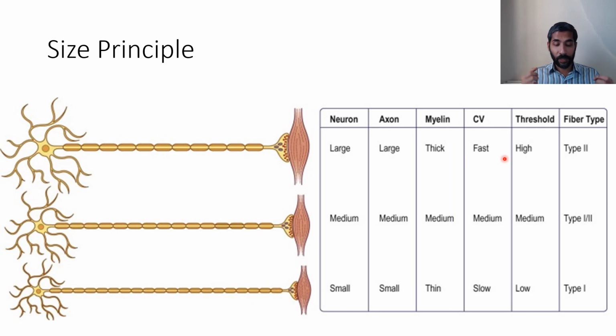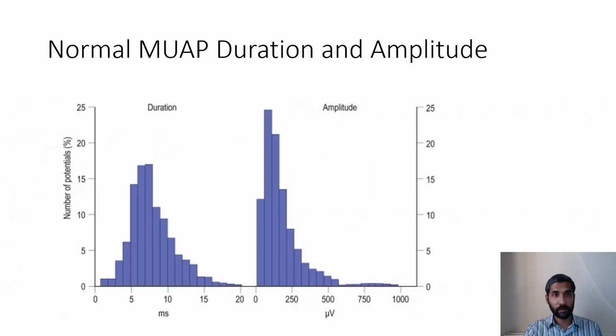But at the same time, it is more difficult to actually activate that particular motor neuron. Okay, that's why the threshold is very high. And the fiber type is type 2, which is basically a fatigable motor unit. The fatigue is related to the motor unit, not the motor neuron, but still. Okay, and similarly, you have medium-sized and small-sized motor neurons.